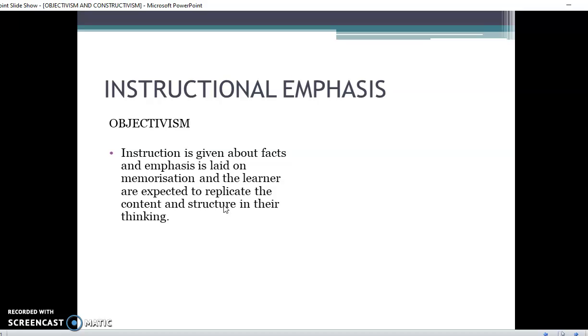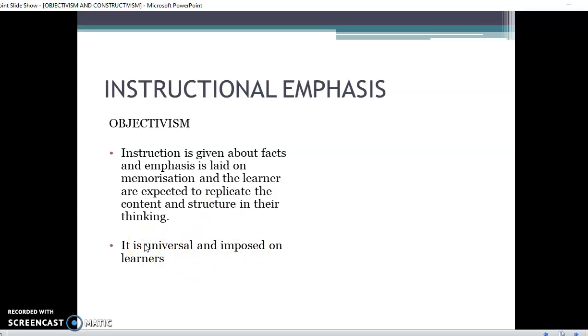So it is more of teaching the child how to think, how to learn, what to learn, and not giving them the freedom of learning a concept without memorizing the facts or without being given the information about the facts mentioned in the textbook. It is considered universal and imposed on the learner.